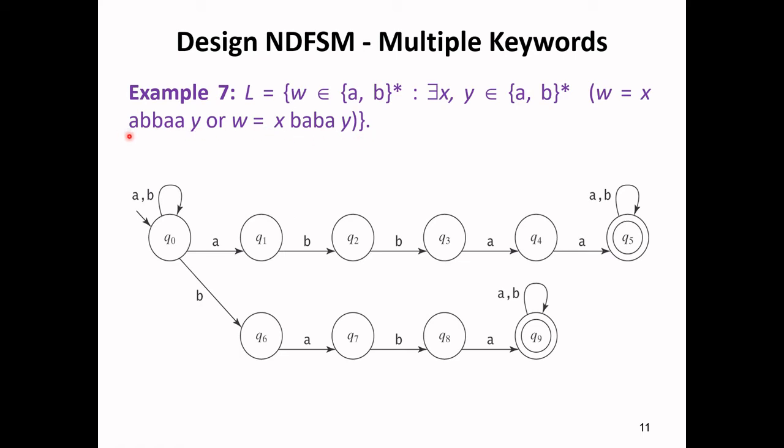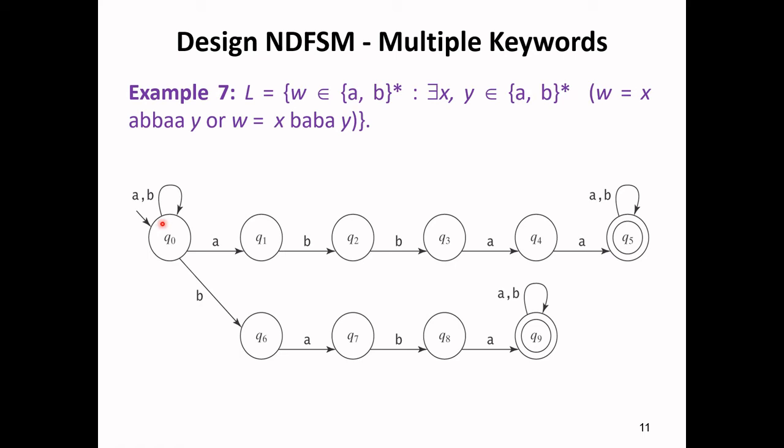So the two substrings are ABBAA, compulsory transitions reaching the final state Q5. Similarly, BABA, compulsory transitions reaching the final state Q9. And here X and Y, before and after the substrings, are combinations of A's and B's including epsilon.